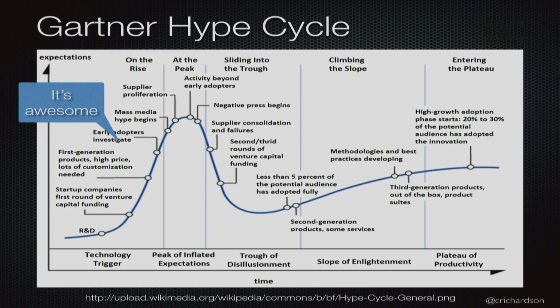It all rapidly races up towards this peak of inflated expectations. This conference is about microservices, and you can see that rapidly rushing up towards the peak of inflated expectations. Docker's heading up there, and lots of exciting new technologies are up there.